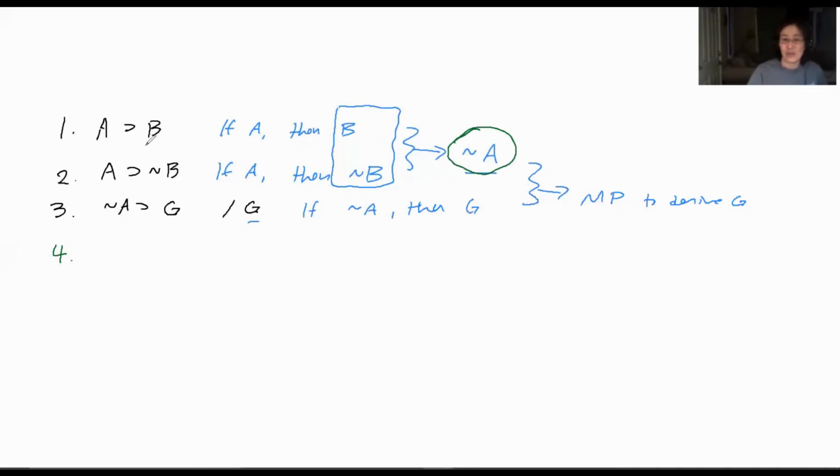Sometimes manipulating some of the sentences, especially with the replacement rules, just gives you different looks at the ingredients. For example, you might try transposition on line 1, not because you immediately anticipate that it will get you not A, but just because it's something that you can do to give you a different look. And here we see that this different look actually allows us to make progress in the proof.